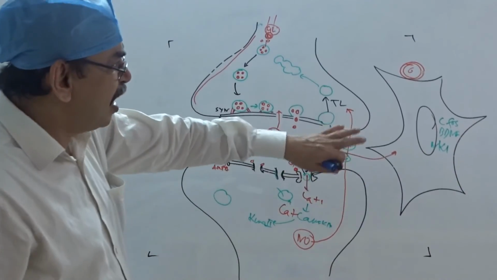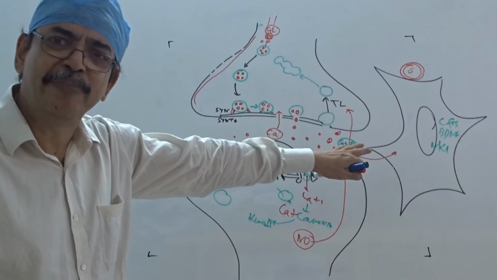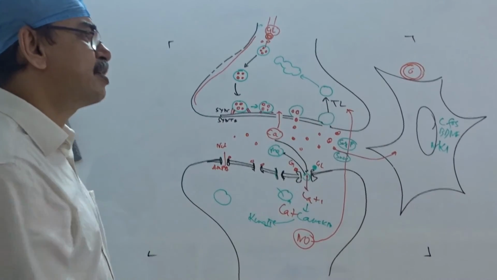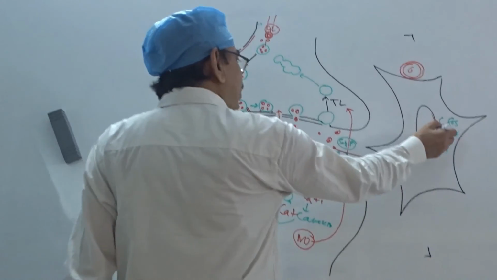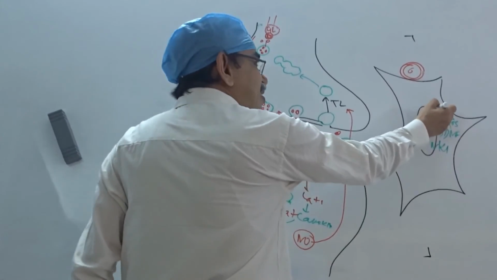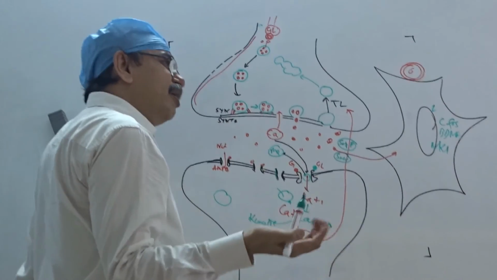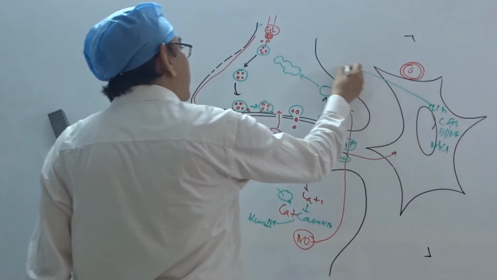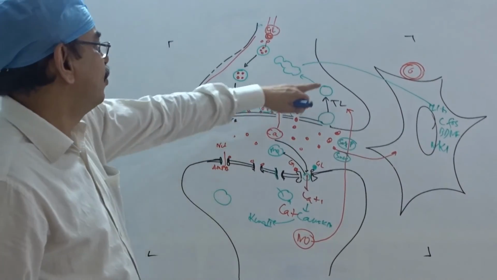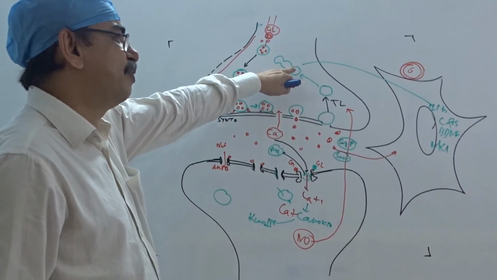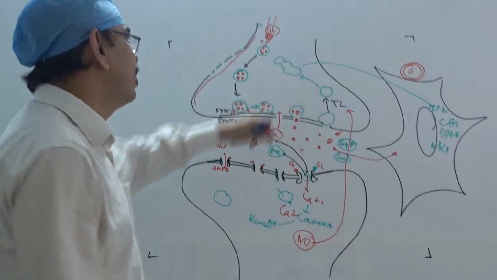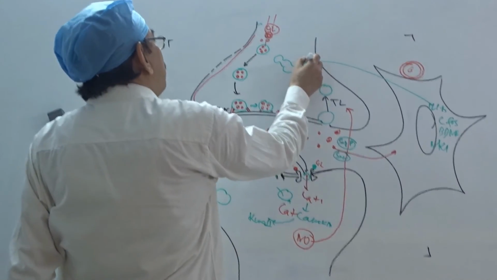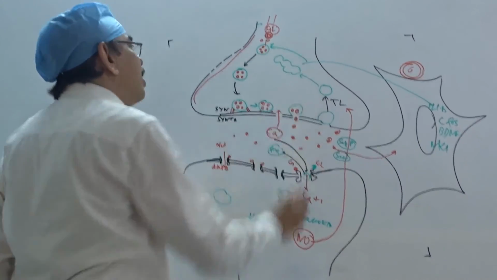So these are also created by many cells, including these astrocytes. These interleukins, the interleukin 1 beta, again go to the presynaptic membrane, and this interleukin will again produce more glutamates.